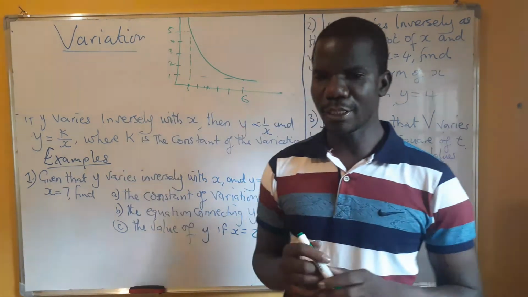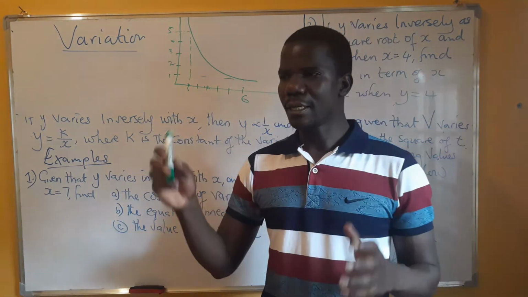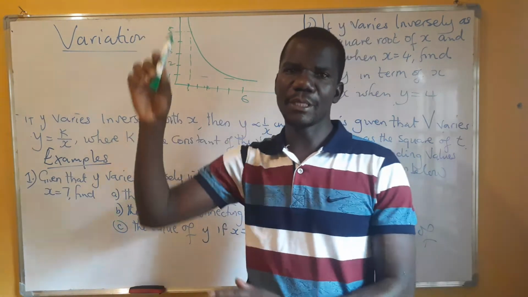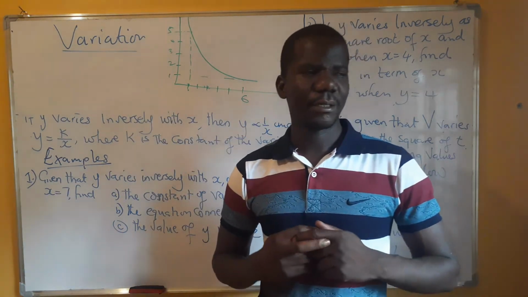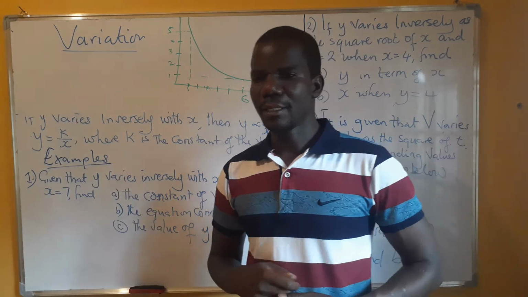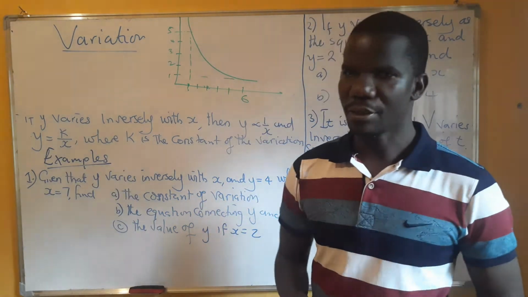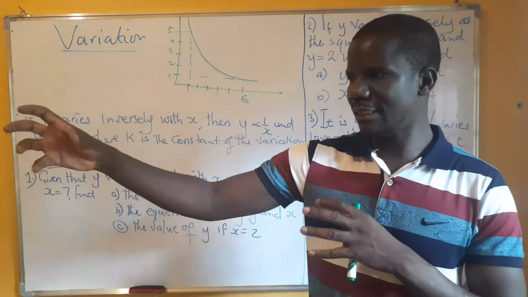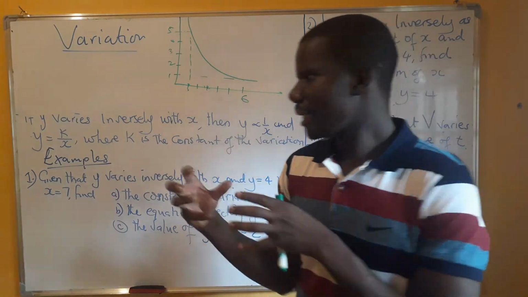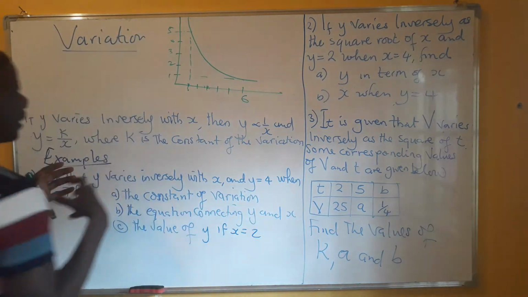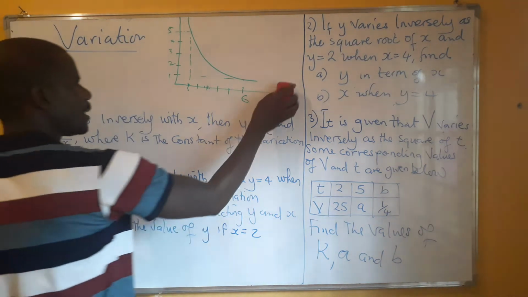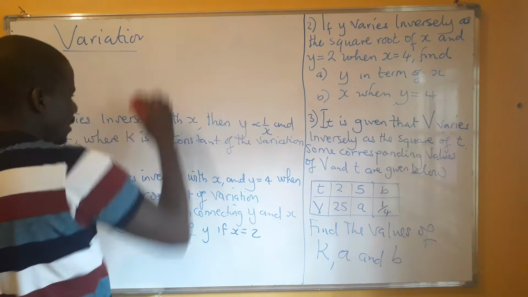I don't know if that is a good example, but we are just looking at a situation where one is increasing, then the other one is reducing. That is why we are saying it's an inverse relationship.